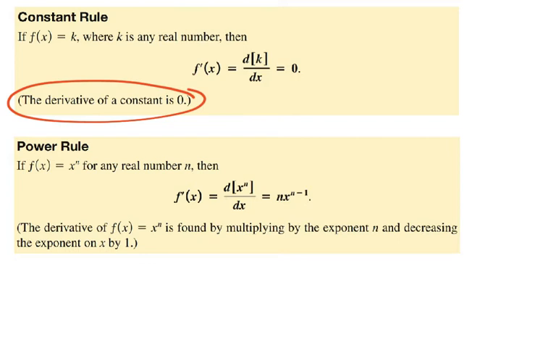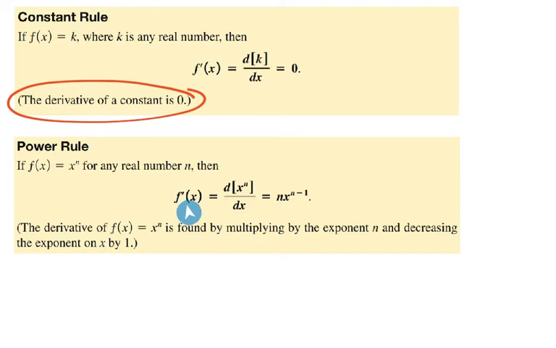The second rule we have here is the power rule. So this deals with any function which is a variable raised to a power. And by that, we mean x to some number. So x squared, x cubed, x to any power.